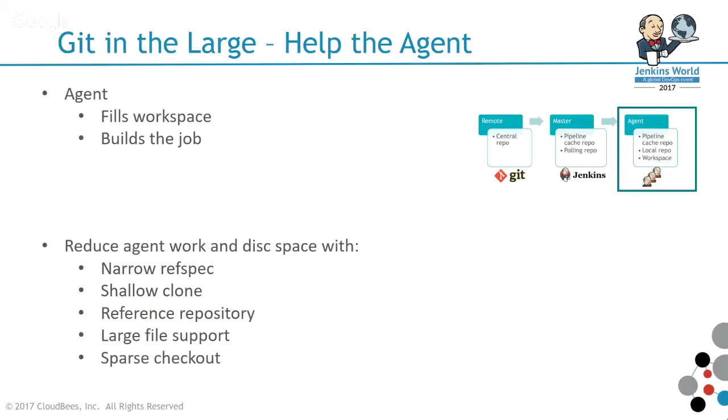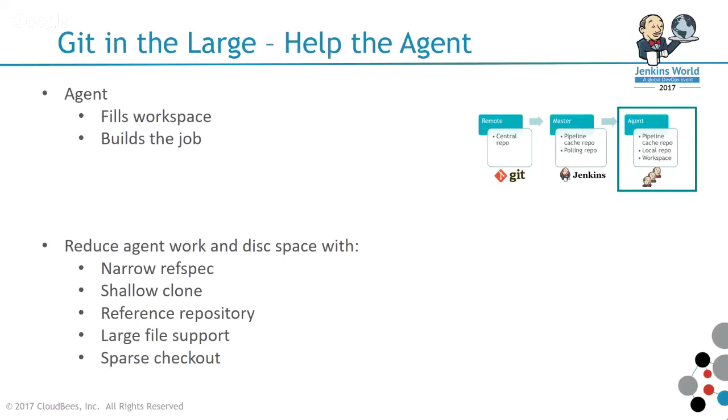Reference repositories can be a major savings on the agent. As Liam described earlier, if you have a repository which is used in hundreds of jobs, you can have those hundreds of jobs pointing their history towards a single copy on disk instead of having hundreds of copies of that exact same history. Large file support as well can be a big help for the agents because you don't carry around all of the history of all of your large binaries.